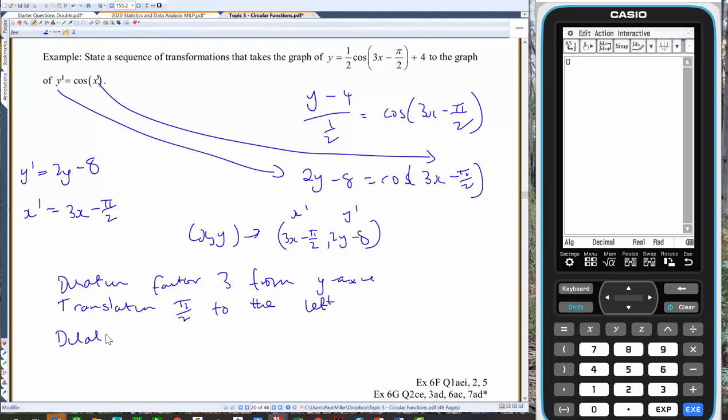So dilation factor 2 from the x-axis and translation 8 units up. Okay, so there are my transformations.